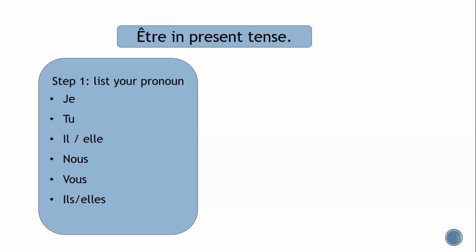The pronouns. Ooh, I don't know how to pronounce this one. Just try it anyways. Okay, je. I don't know how it tu. Okay. Il. No. Vous.